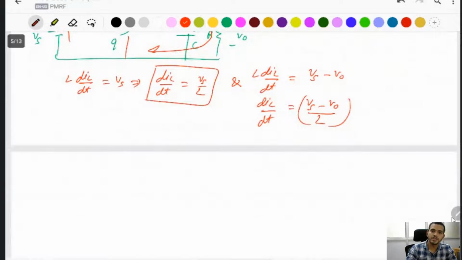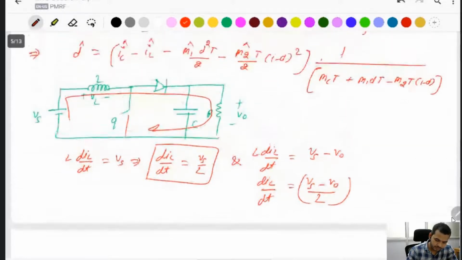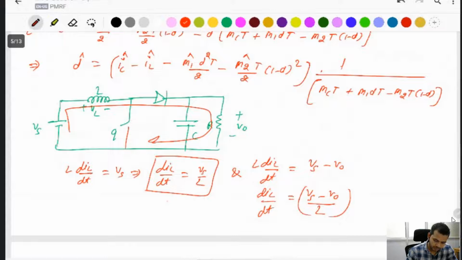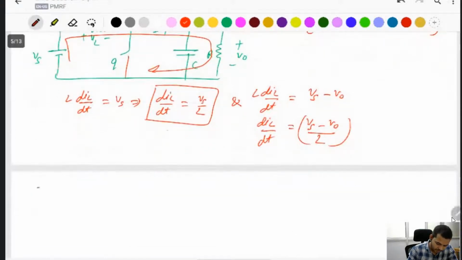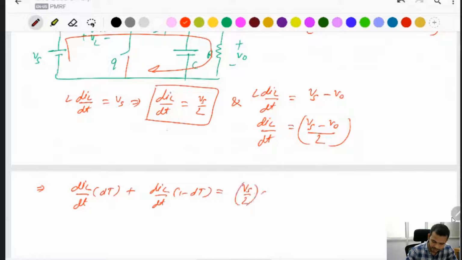When you put in the average voltage: dIL by dt into DT plus dIL by dt into (1 minus D)T, that is Vs by L into DT plus Vs minus V naught divided by L into (1 minus D)T.